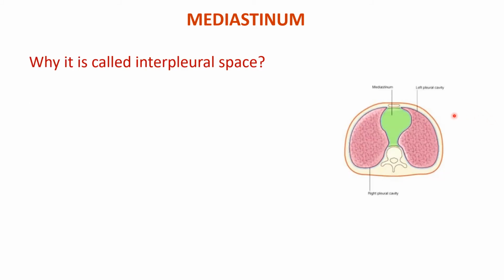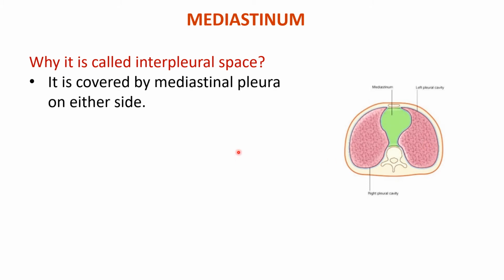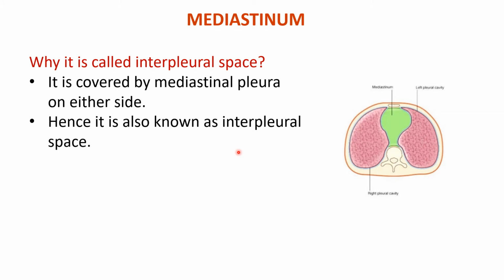Why is it called interpleural space? It's covered by mediastinal pleura on either side. You have seen it in the dissection image. That's why it is called interpleural space.